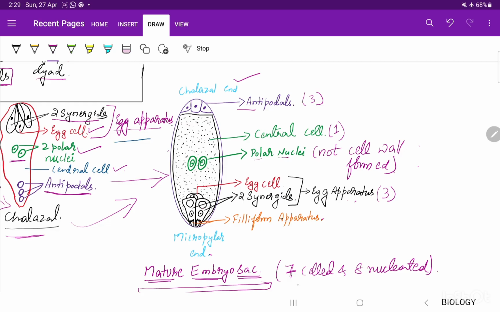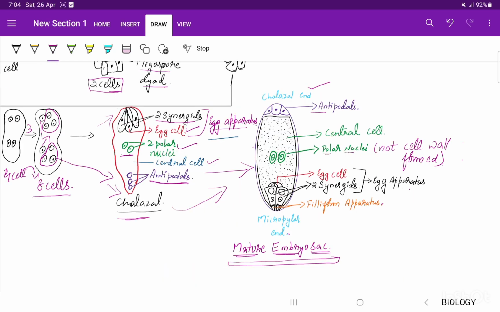Total 7 cells are there. 8 nucleated means 3 egg apparatus, all the nuclei are separate, cell wall is formed. Only 1 center cell, but 2 nuclei are present, since polar nuclei have no cell wall formed, and 3 antipodals with cell wall formation. So 3 plus 3 is 6, plus 2 is 8. 8 nucleated. I hope it's clear now.